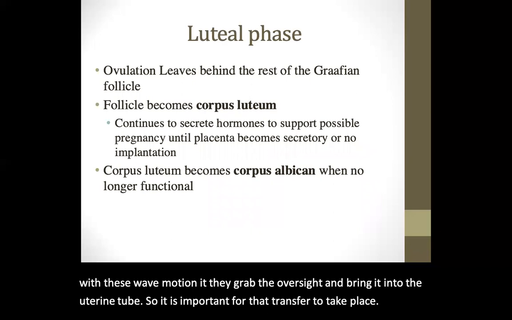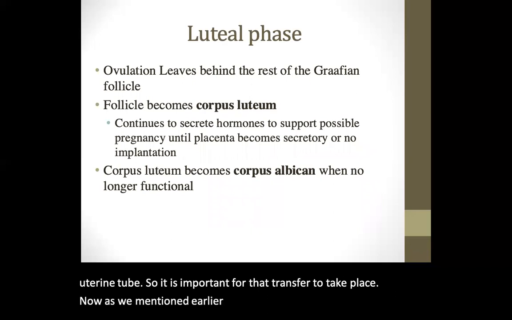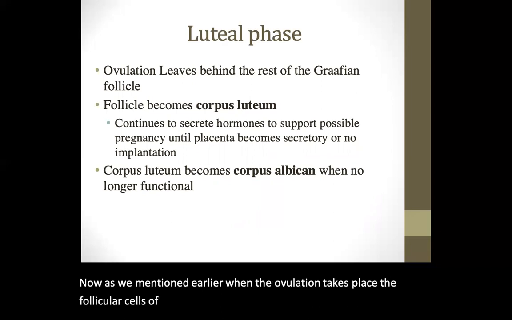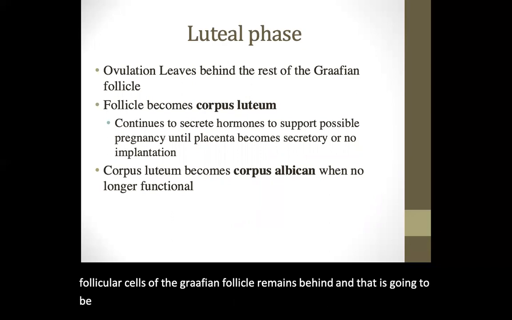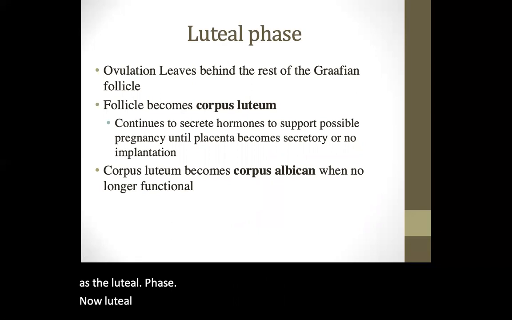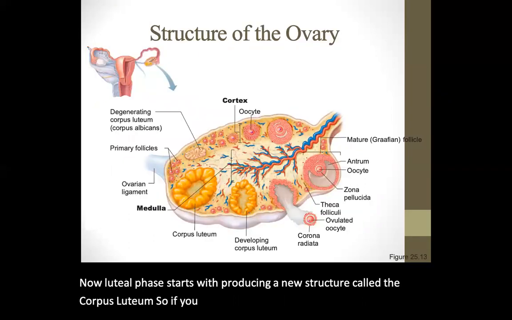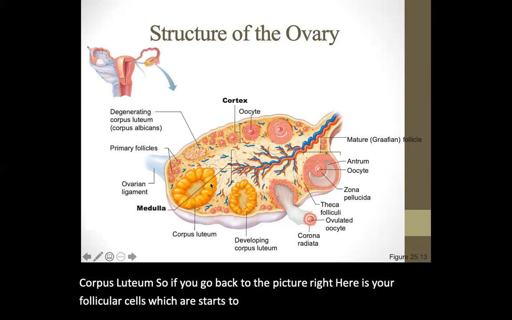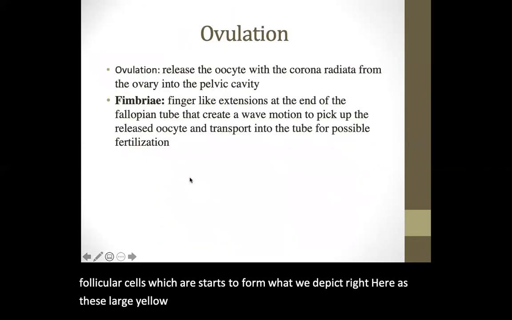Now, as we mentioned earlier, when ovulation takes place, the follicular cells of the Graafian follicle remain behind. And that is going to be the start of the third phase of the ovarian cycle, which is referred to as the luteal phase. Now, the luteal phase starts with producing a new structure called the corpus luteum. So if you go back to the picture right here, here are your follicular cells, which just start to form what we depict right here as this large yellow structure called the corpus luteum.